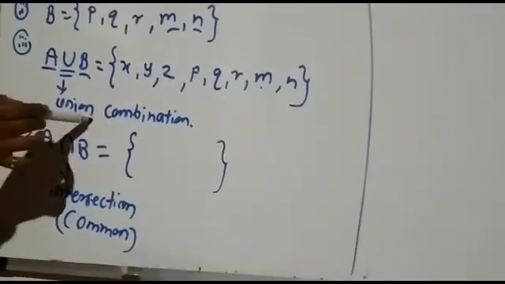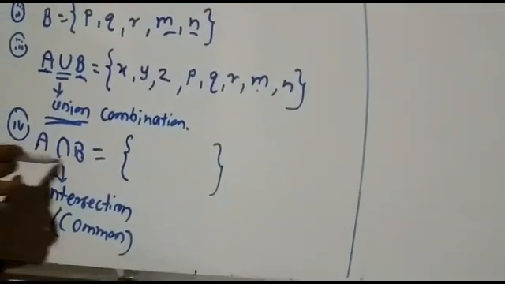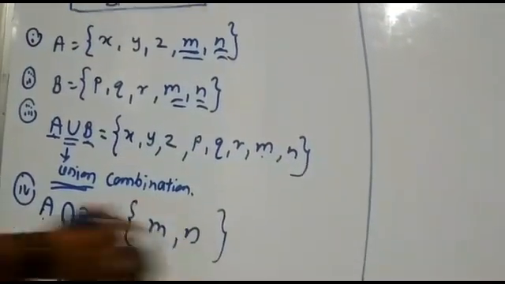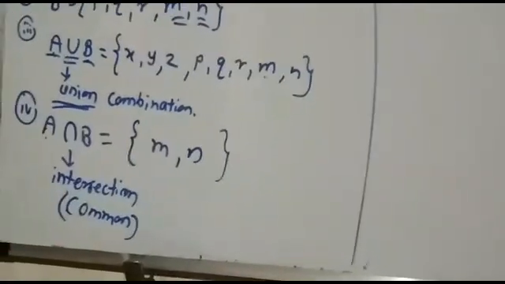All of you know union. Union means combination of both of these two sets, and intersection means only common points are written down. In A and B the only common points are M and N. Therefore in A intersection B only two elements are present, M and N.